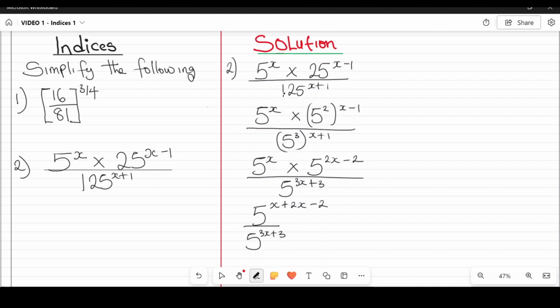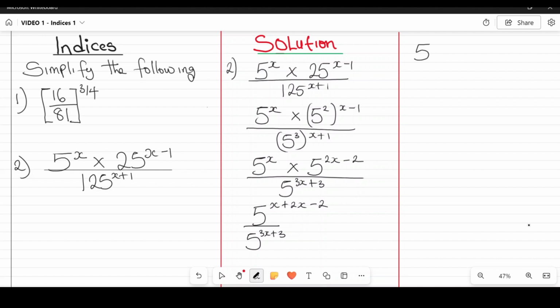Now from our numerator, we will have that 5 raised to the power of 3x minus 2 divided by 5 raised to the power of 3x plus 3. From the division law of indices, we can write that 5 raised to the power of 3x minus 2 minus 3x plus 3.